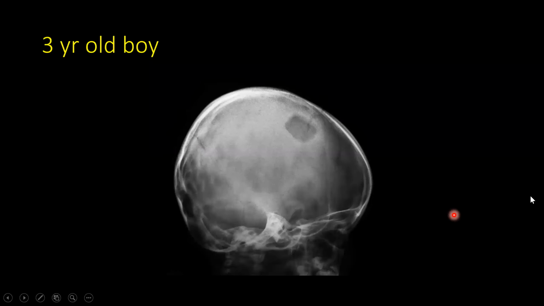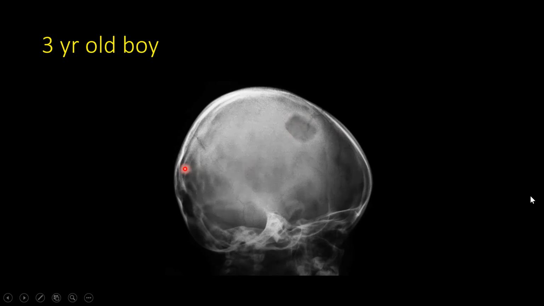Okay, this 3-year-old boy is having headache, and he was brought to the hospital, the physician requested an X-ray, and you have a lytic lesion. You see, dark area.